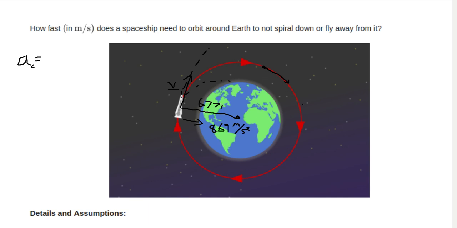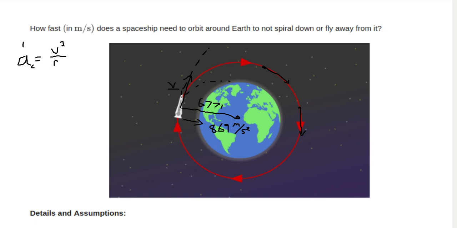So it's keeping the same length, but it's going around the circle, so it's always tangent to the circle. And if you use those facts, you can derive that the formula for centripetal acceleration is the velocity squared divided by the radius of the circle.